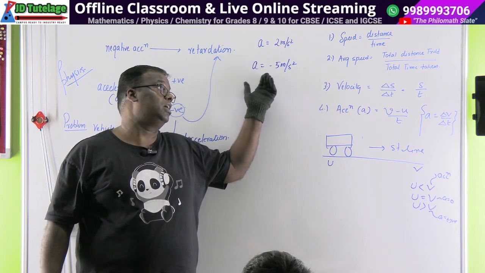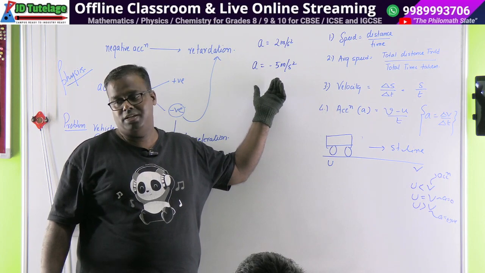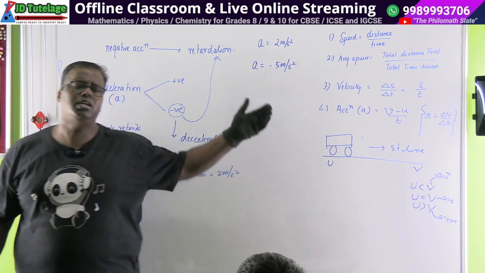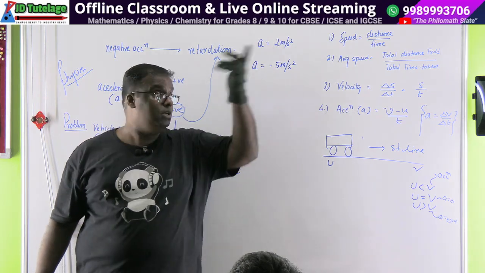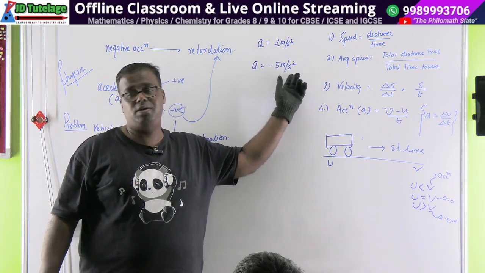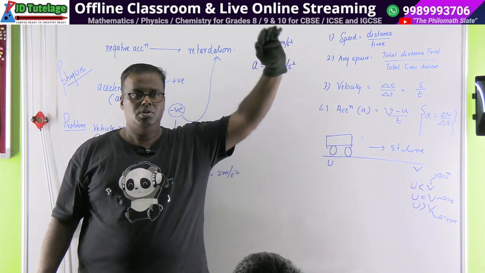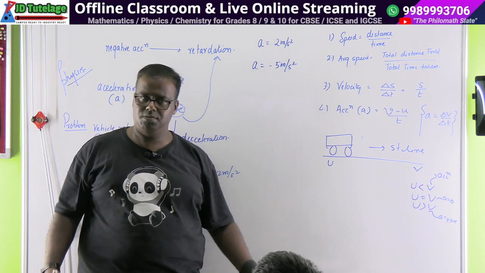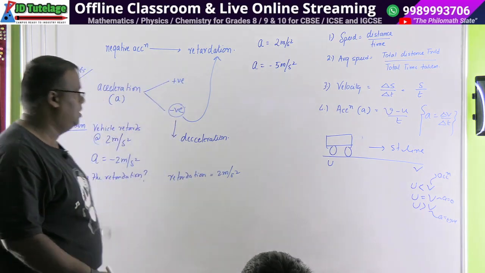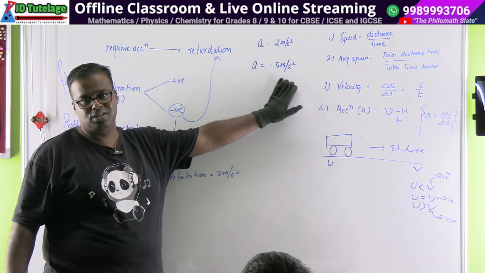The vehicle is retarding at a rate of 5 meter per second square. We don't write minus in that case. We have been asked how slow-witted it is, so it is this much. If we were asked how intelligent it is, we would say minus 5 intelligent, but it is not intelligent at all. Acceleration means wise guy. Retardation means slow guy. Simple. Understood? And is the velocity constant? No, the velocity is not constant.